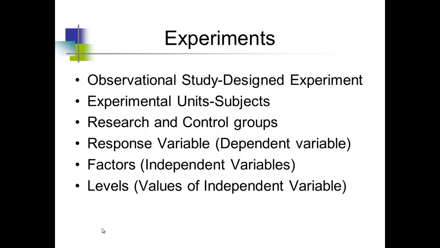That would never happen. Experimental units tend to be divided into two groups. There's research groups and control groups, where the research group will get this certain level of conditions. They'll be the ones that are subject to whatever bad thing it is that you're doing research on, versus a control group that doesn't get that.